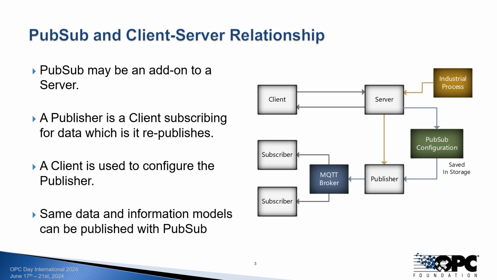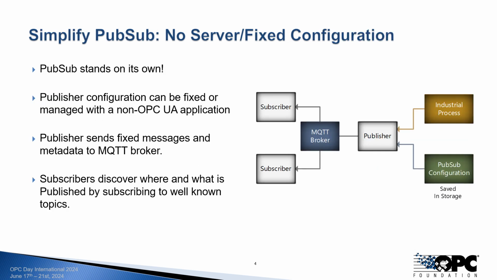This was all intended to create a cohesive ecosystem where you have your same information models and your same data that can be available via multiple mechanisms depending on your need. And so you can leverage UA in different ways depending on what is required by your application.